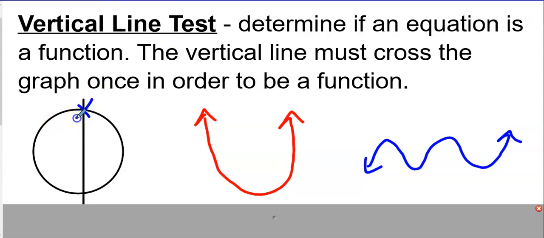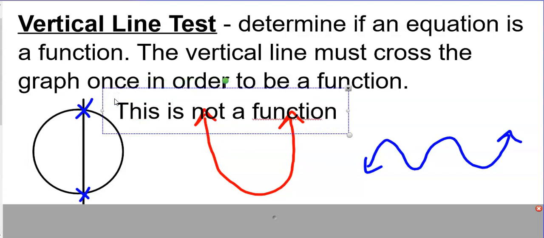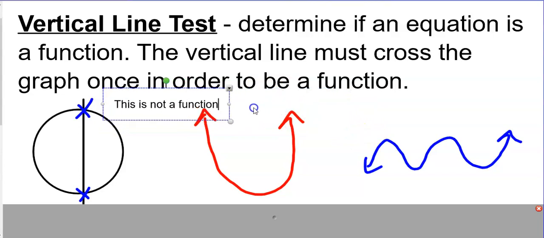It hits up here, and it hits down here. Because it hits in two places, this equation is not a function. So it's not one-to-one, so it's not 1x to 1y, therefore it's not a function.